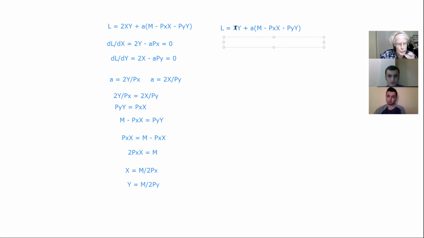And for that utility function, xy, we found that the demand for x is equal to income divided by 2 times the price of x, and similarly for y.